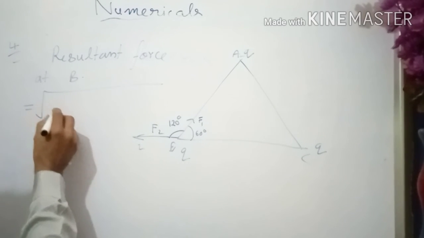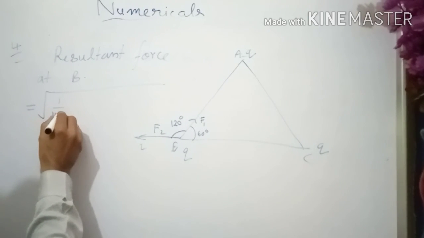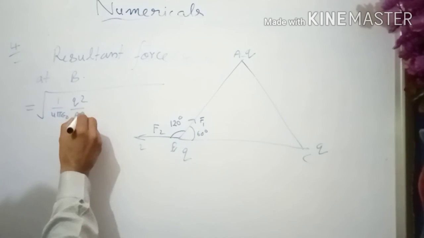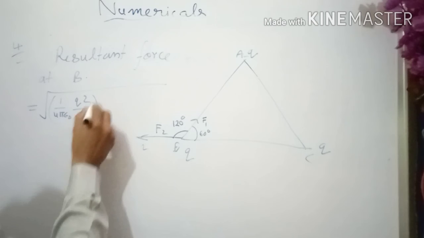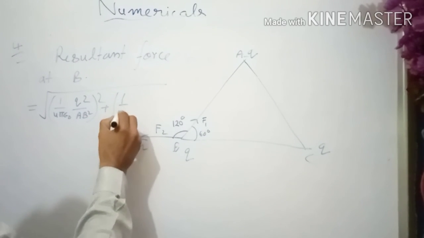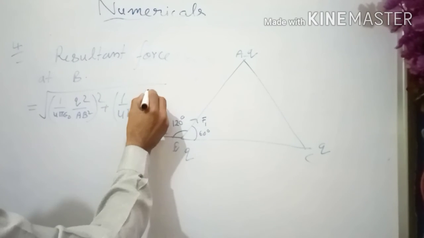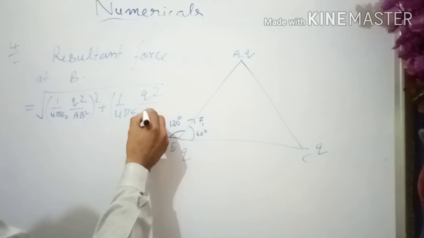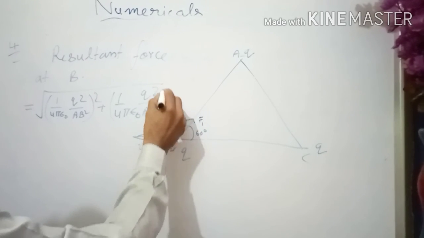So P square is nothing but 1 upon 4 pi epsilon naught Q square upon AB whole square. We have already calculated, and this is also same 1 upon 4 pi epsilon naught Q square upon BC. BC is nothing but AB, equilateral triangle.